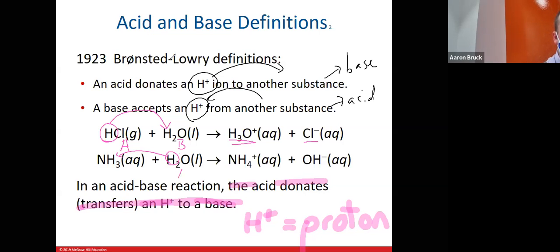So in this situation, the water acted as an acid and the ammonia acted as a base. The ammonia grabs that H plus from the water and makes NH4 plus, the ammonium ion. The water ditched that hydrogen, and what was left over was the hydroxide ion.